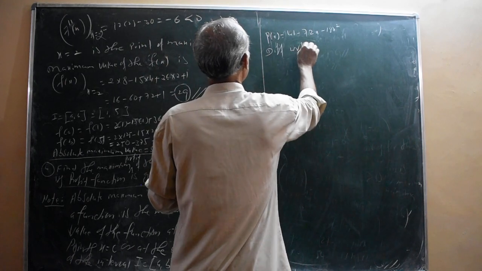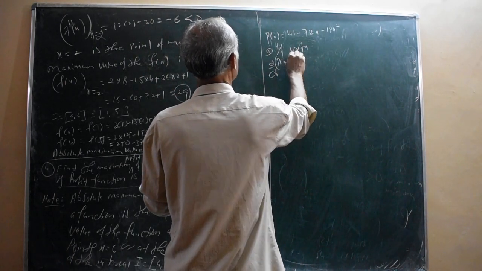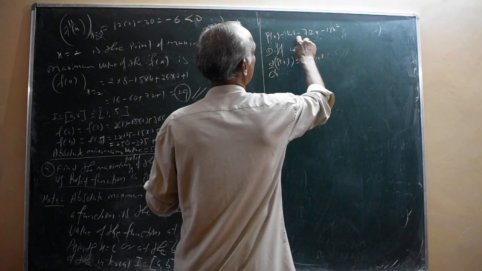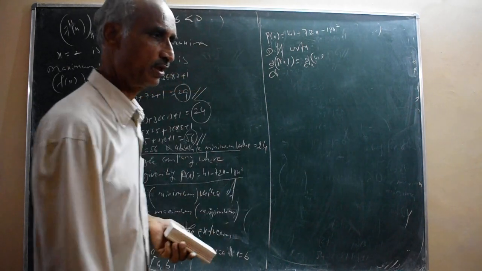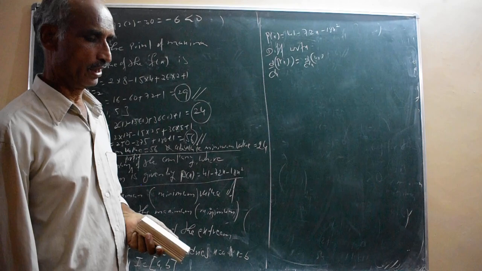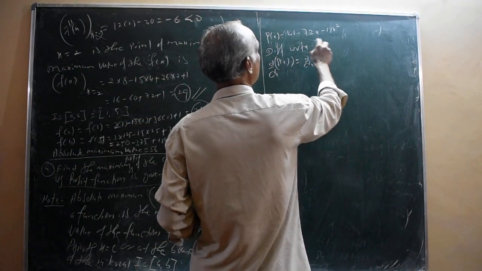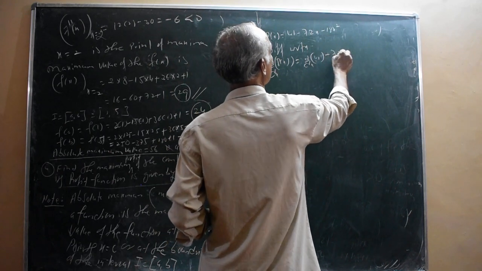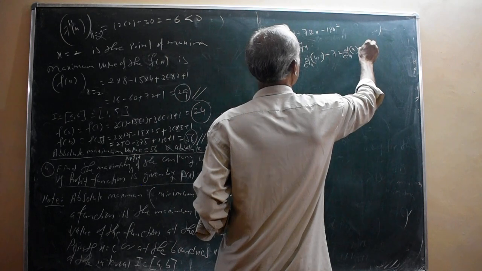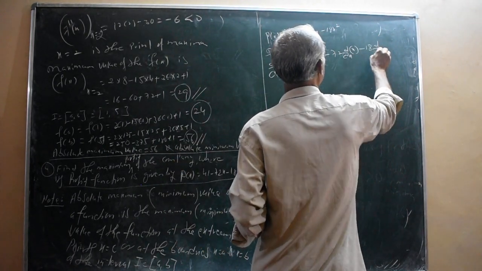Differentiating with respect to x, d by dx of p of x is equal to d by dx of 41 minus 72 d by dx of x minus 18 d by dx of x square, with the constants outside.